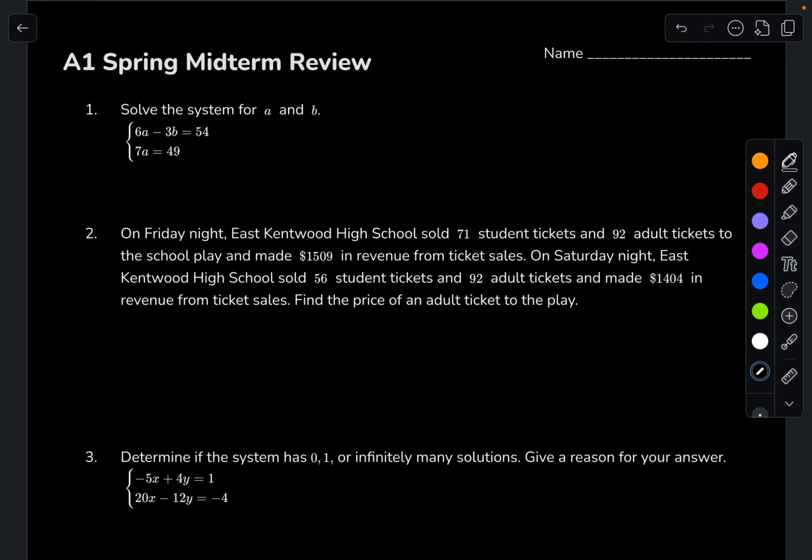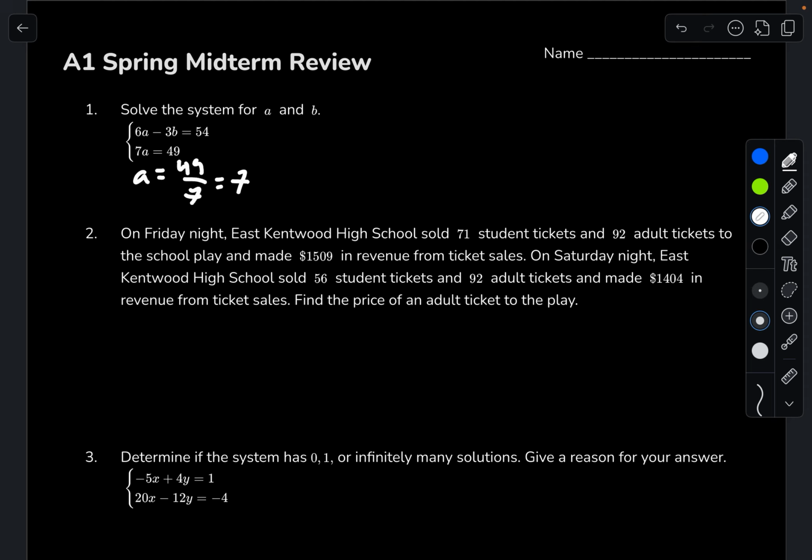This is solving a system of equations. They want you to solve for A and B. So the easiest way to do this, you can see that we can get A from just dividing 49 by 7. And you get 7.